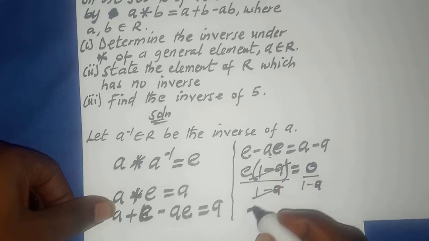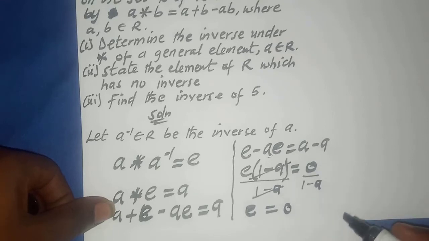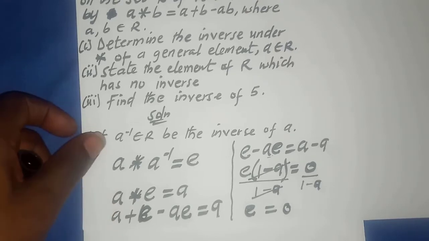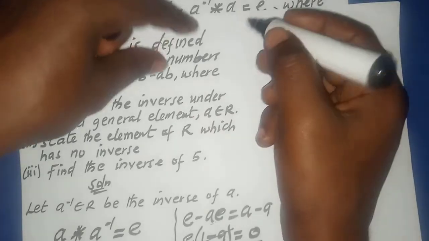So E, our identity element, is equal to 0 over any number, which is 0. So our identity element is 0.